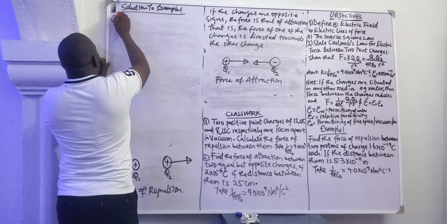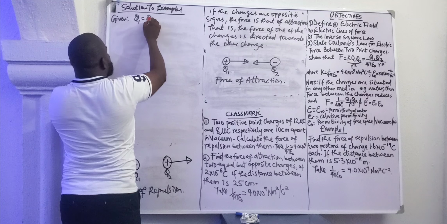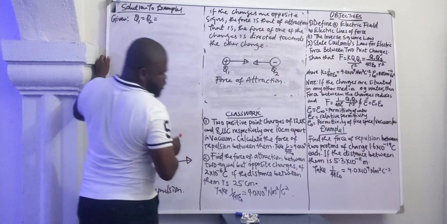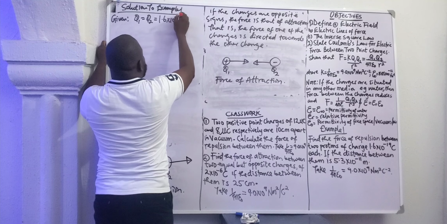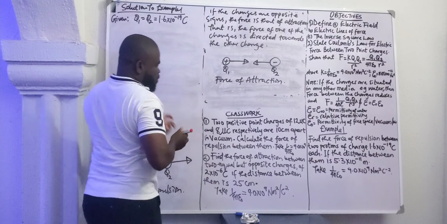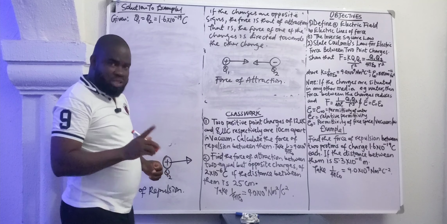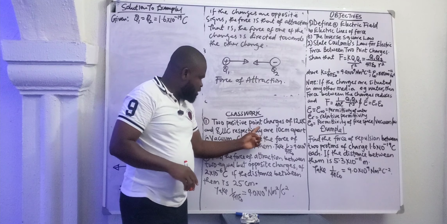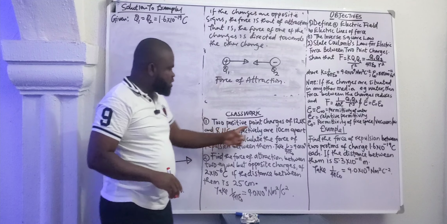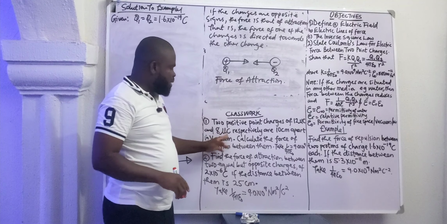We are given Q1 is equal to Q2, which is equal to 1.6 times 10 raised to the power of minus 19 coulomb. Coulomb is the unit of charge. The unit of force is Newton. Now, for this classwork that you have, they gave us the charges as 12 microcoulomb and 8 microcoulomb.